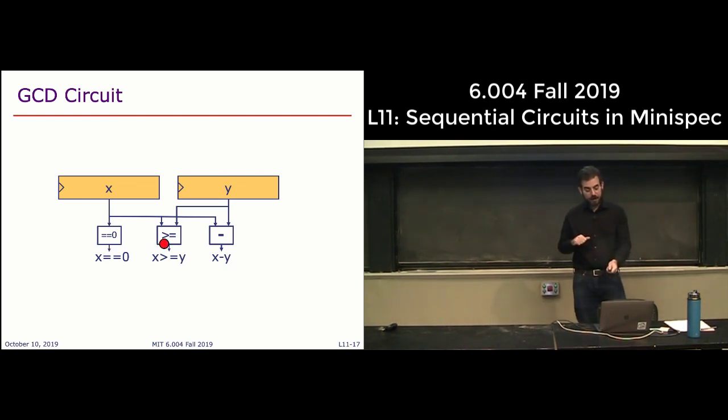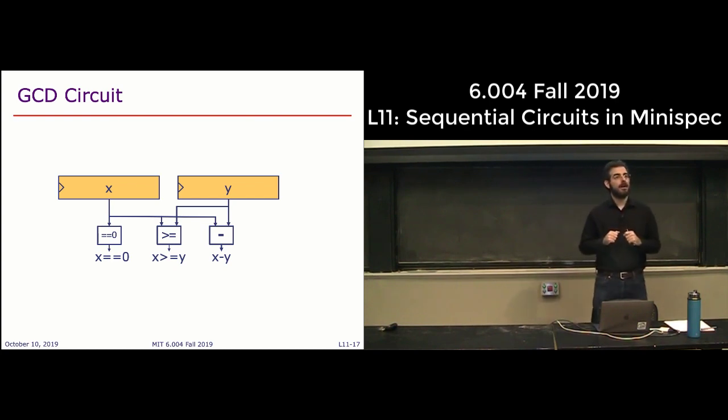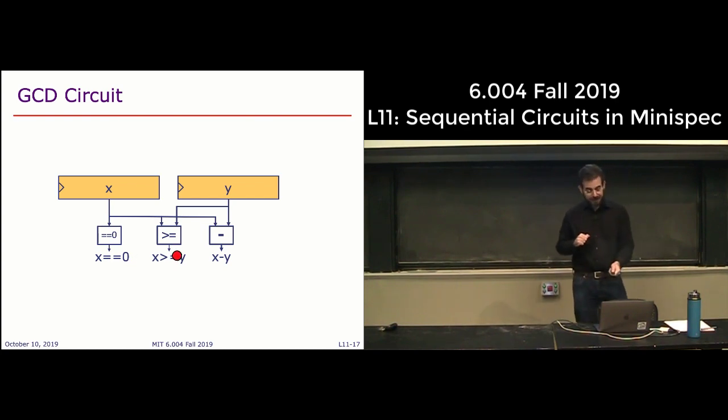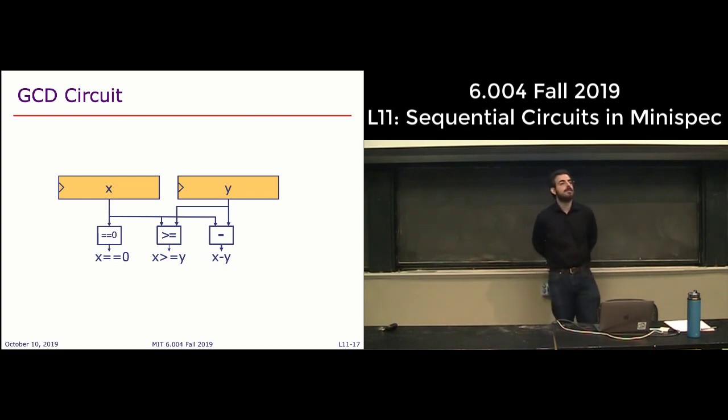So we can have a greater than or equal comparator that takes as inputs x and y, and then it gets this Boolean output as the result. Yes? Okay. And then if x is actually greater or equal than y, we need to compute x minus y. And for that, we can just have a subtractor circuit that takes x and y as the inputs, and then we'll get x minus y as the outputs.